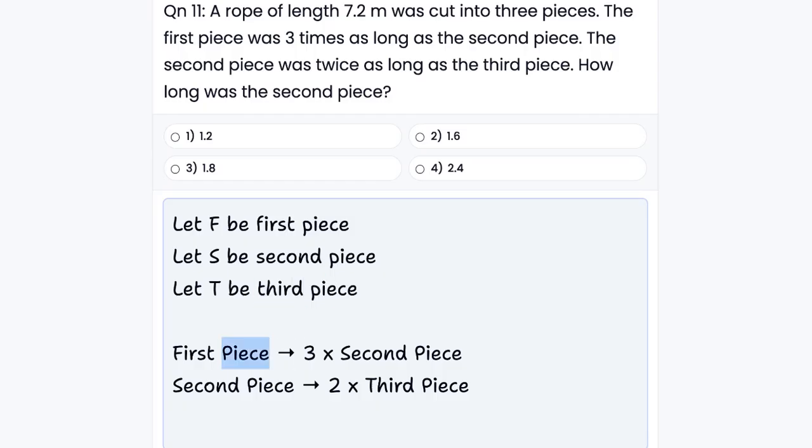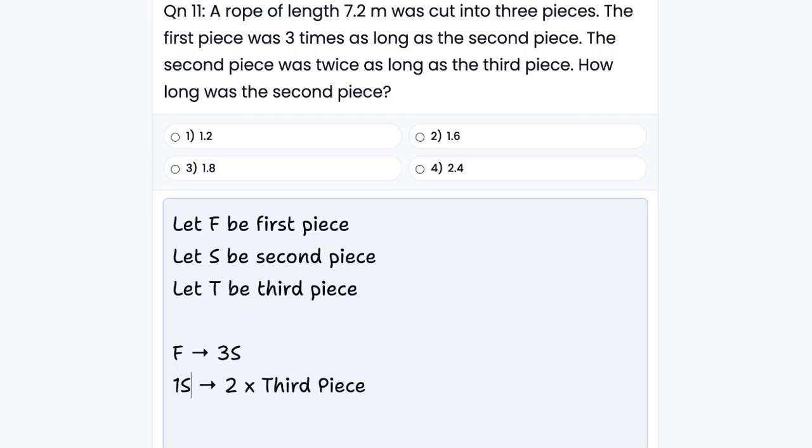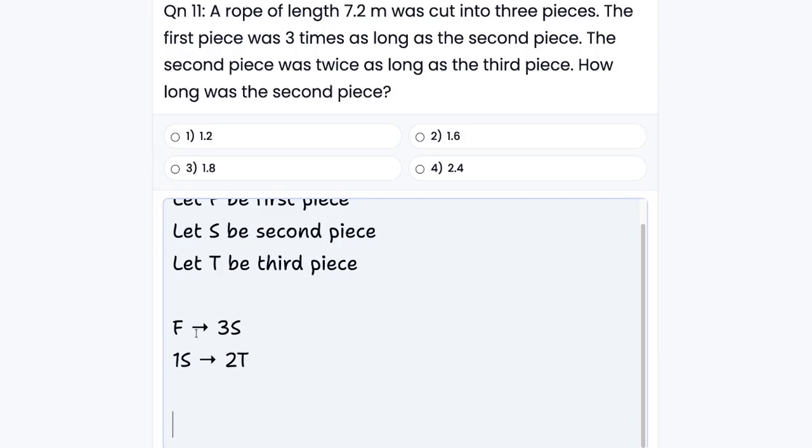So now it will be a little bit easier. F is equal to 3S, and S is equal to 2T. So now we know this is what it looks like.